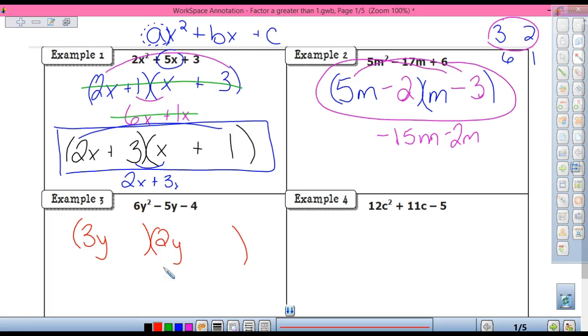Who thinks they've got it? You think it's 4 right here and 1 over there? Okay, which one do you think is positive and which one do you think is negative? And then we'll check it.